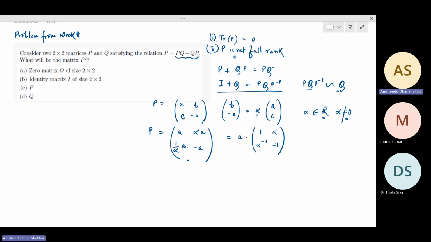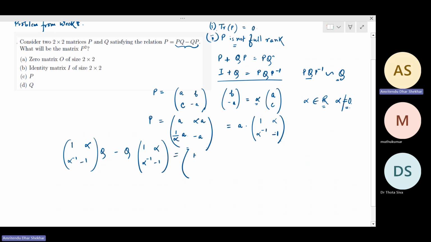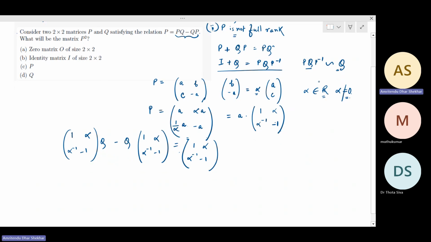So now we have this going on: 1 alpha, alpha inverse minus 1 times Q minus Q times 1 alpha, alpha inverse minus 1 is equal to 1 alpha, alpha inverse minus 1. There's an A, but the A has got cancelled both sides. Again, we're assuming here that A is not equal to 0.